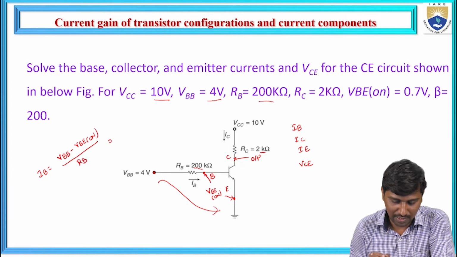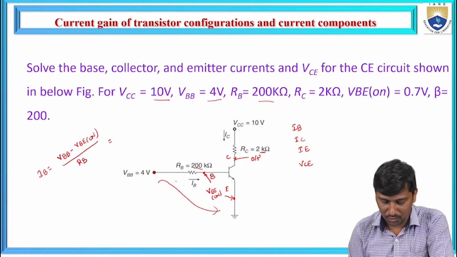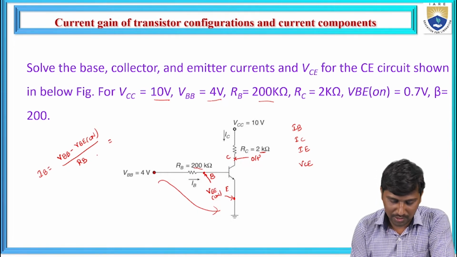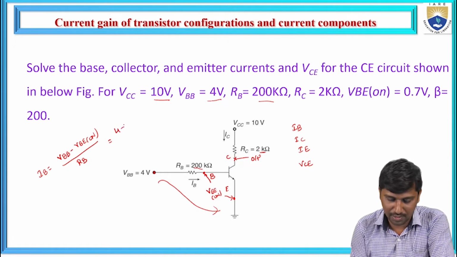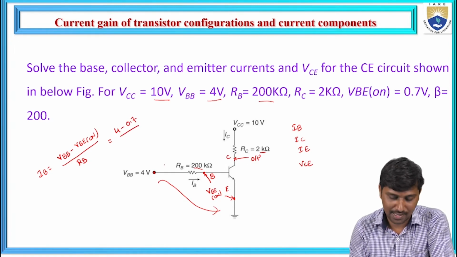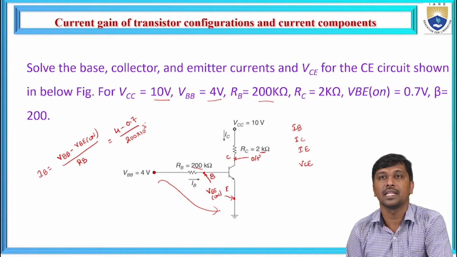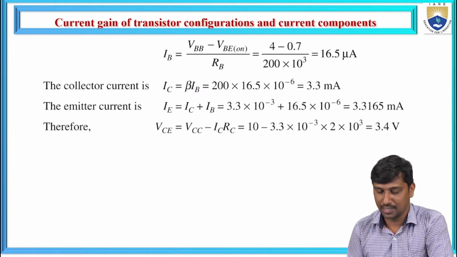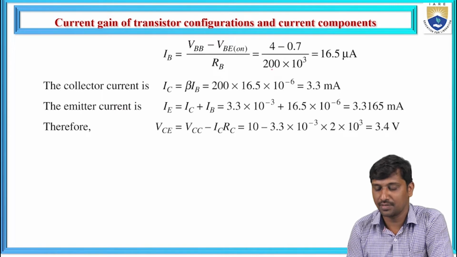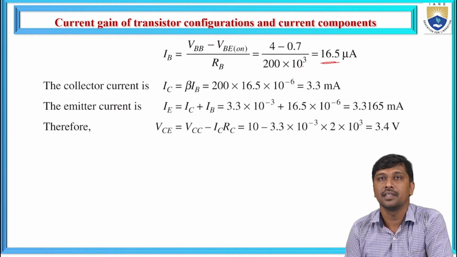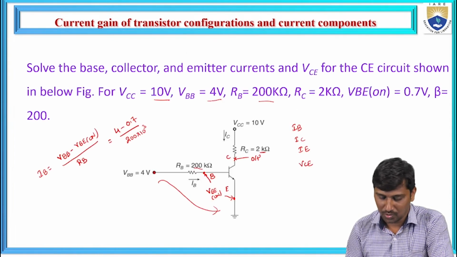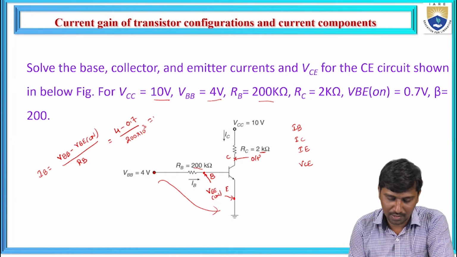So we can write: 4 minus VBE, which is 0.7, divided by the base resistance of 200 kilo-ohms, that is 200 into 10 to the power of 3. Hence, 4 minus 0.7 divided by 200 kilo-ohms gives 16.5 microamperes.